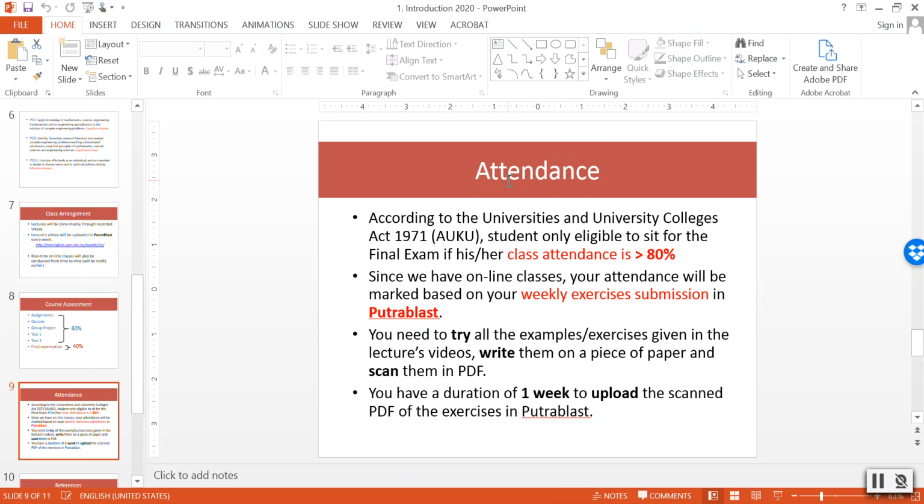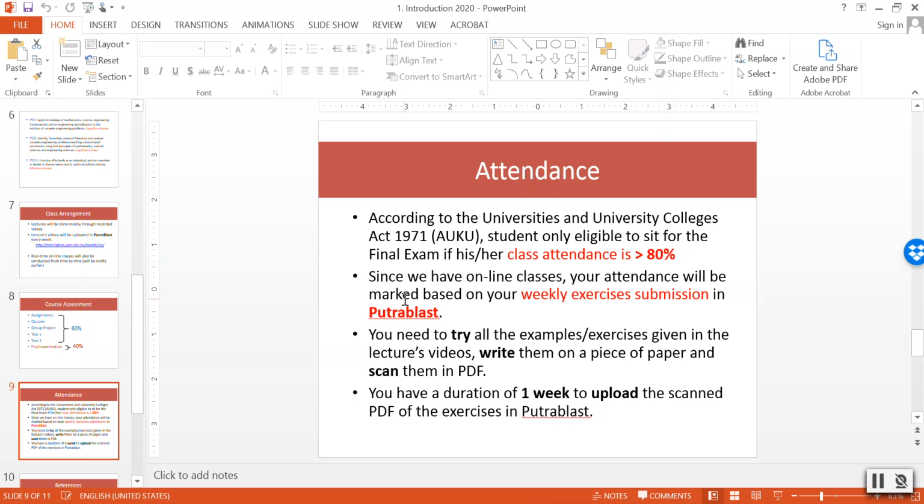In terms of attendance, considering that this is an online class, according to the Universities and University Colleges Act 1971, AUKU, a student is only eligible to sit for the final exam if his or her class attendance is more than 80%. That means you need to attend more than 80% of the classes in order to sit for the final exam. If your attendance is less than 80%, I have the power to ask you to leave, or I will ask you not to take the final exam.